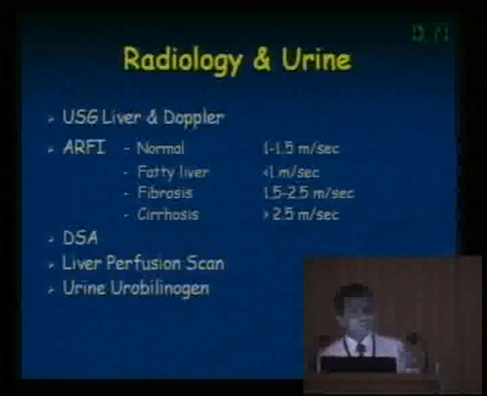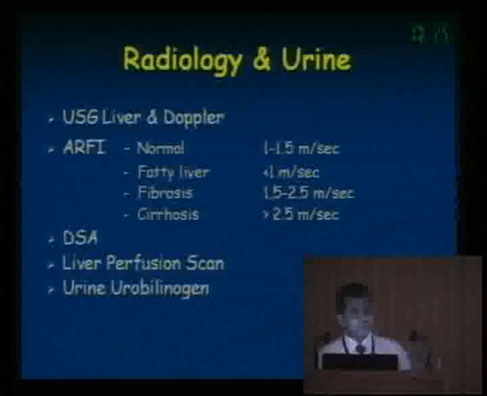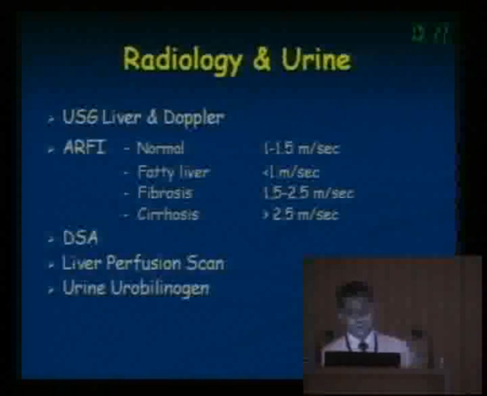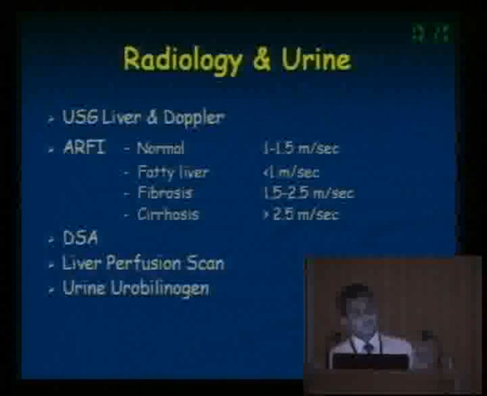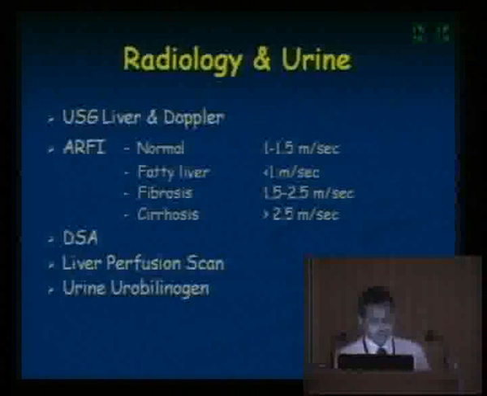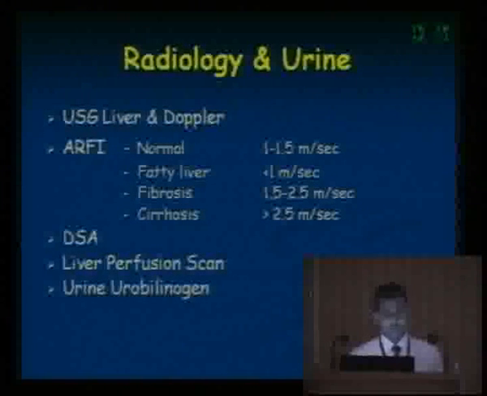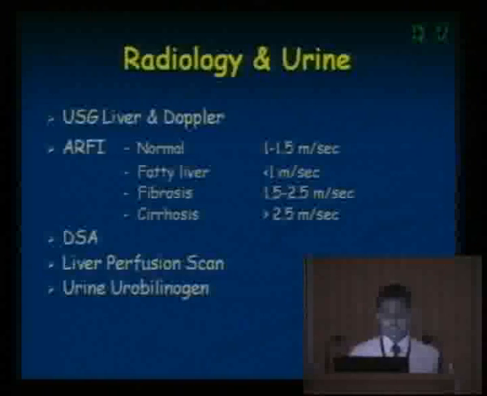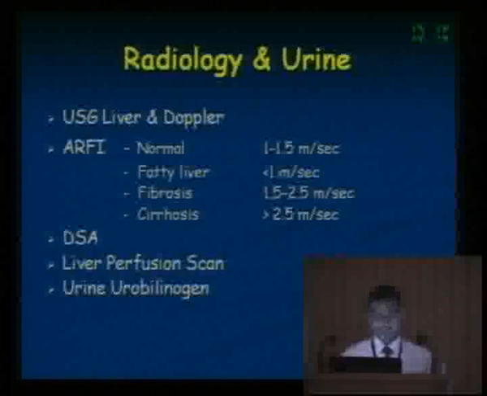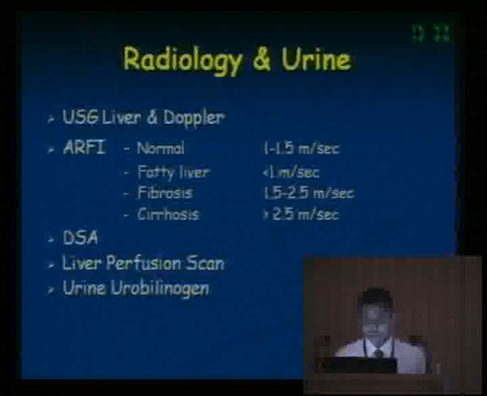Ultrasonographic waves transmitted to the liver tissue differentiate the normal liver and fatty liver from cirrhosis and even from fibrosis. The transmission rate is 1 to 1.5 meters per second in normal, less than 1 in a fatty liver, and the most severe is more than 2.5 meters per second.